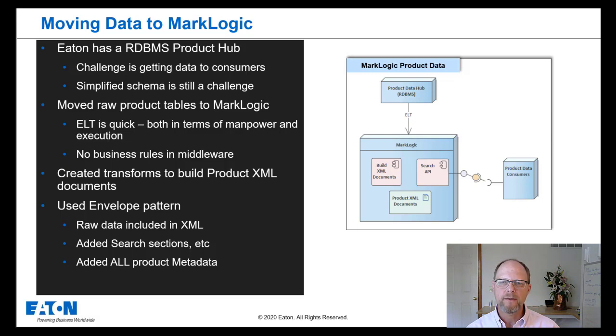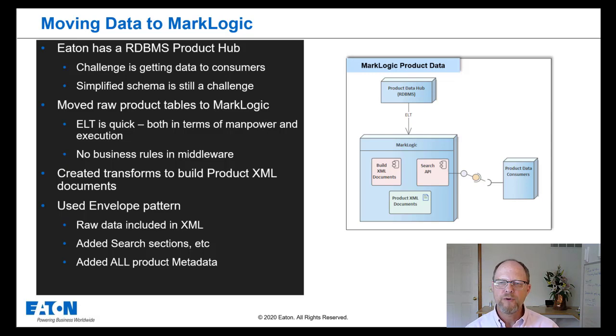We've done a lot of work in other projects with the envelope pattern and working with ingesting data into MarkLogic, building envelopes and creating searches. So what we did is we moved the raw product data into MarkLogic.